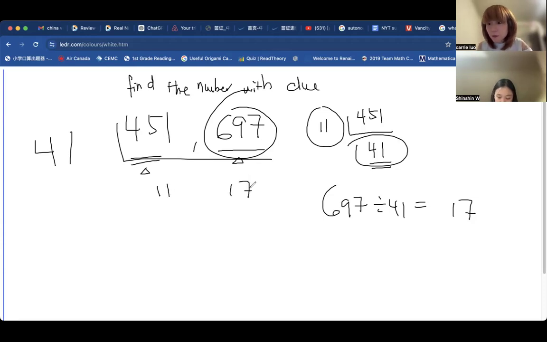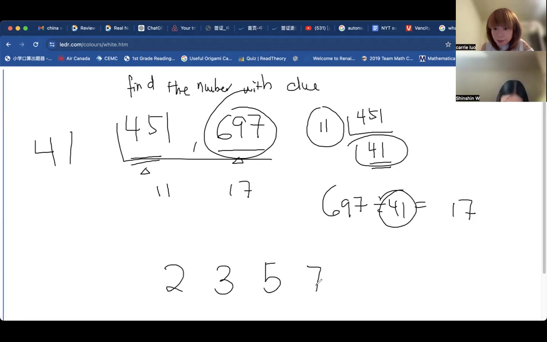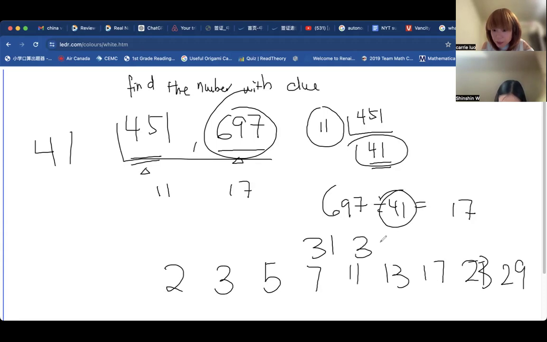Why are we doing this, Xinxin? It would take you forever to find 41 because you'd have to try 2, 3, 5, 7, 11, 13, 17, 23, 29, 31, 37, 41. You need to try so many steps till you find 41, right?